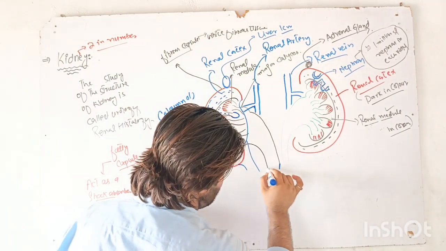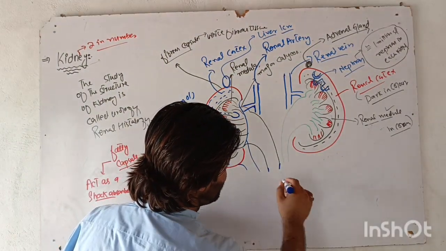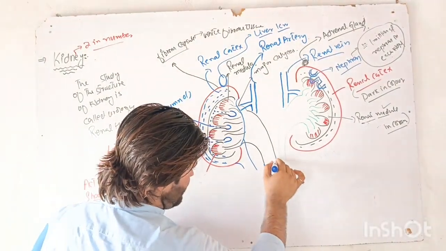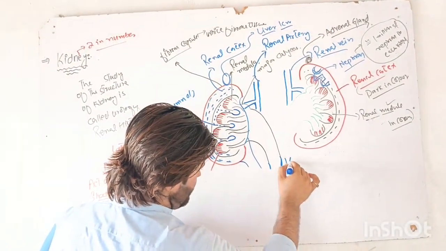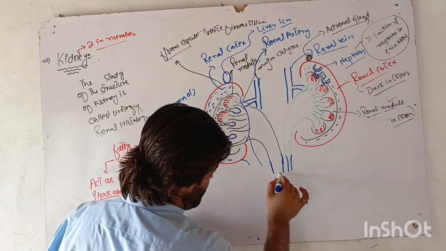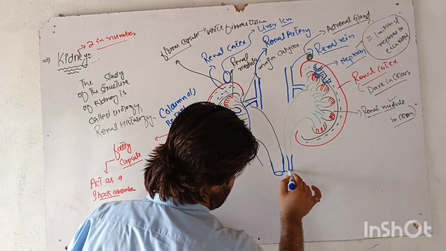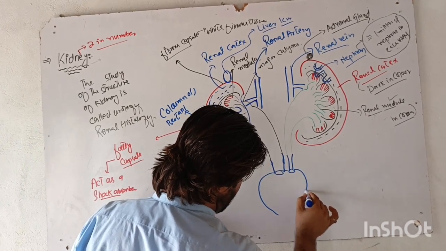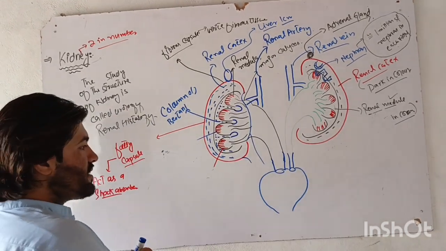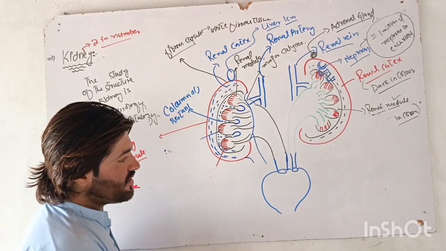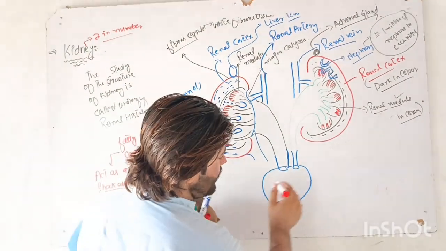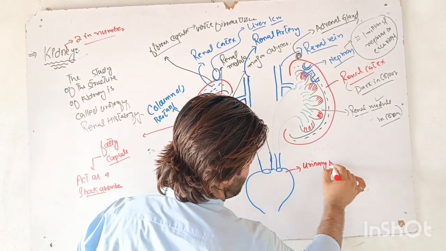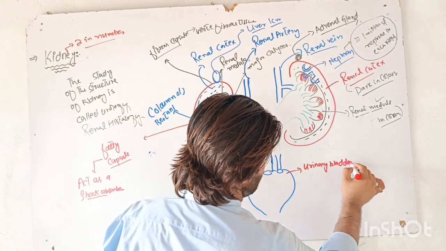This is the renal pelvis. The renal pelvis opens into another structure, which is called the urinary bladder.